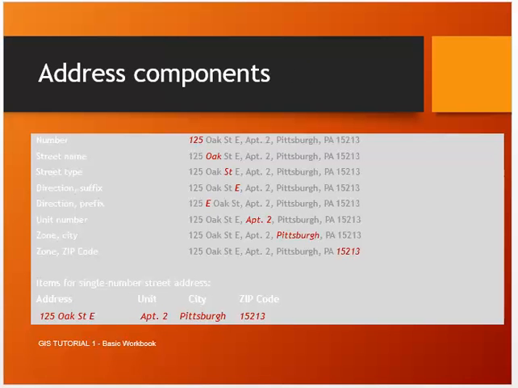An address is made up of several components: a number, a street name, a street type, a street direction. You can have a unit number, the city or zip code, state, and depending on the scale and your desired accuracy, sometimes it might be good enough just to have the zip code.